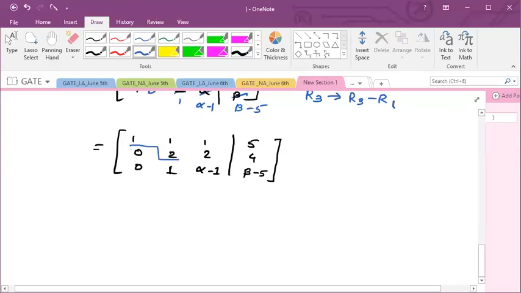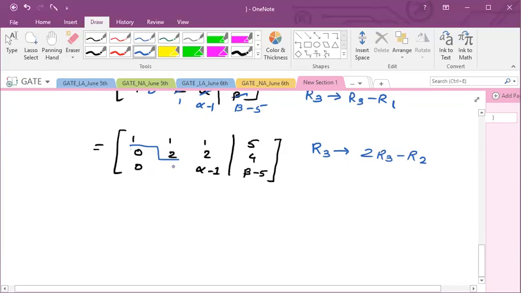This one is done. Now with respect to 2, the entry below should be 0. To make this 0, from R3 we will subtract R2. Sorry, wait, we'll multiply R3 by 2 first and then subtract R2 from it, isn't it?